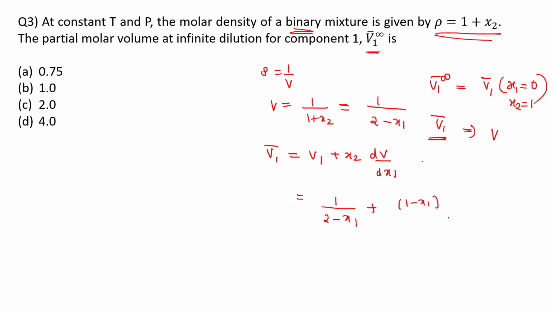So differentiation of this with respect to x1 is, first I'll differentiate this, okay? For example, 1 by some variable, 1 by u, then it is minus 1 by u square, right? So minus 1 by (2 minus x1) square into du by dx1. So du by dx1 is minus 1.